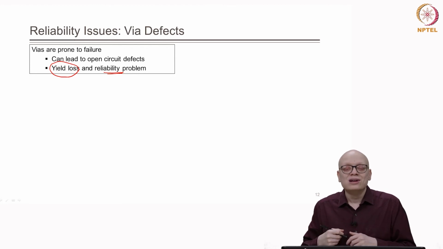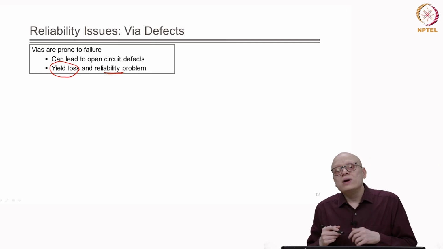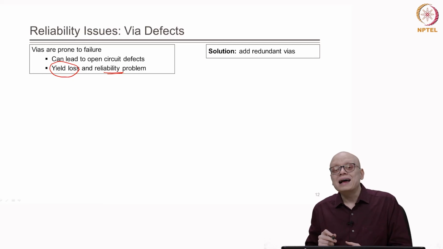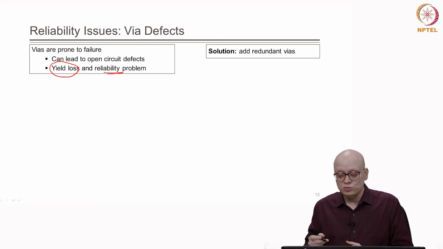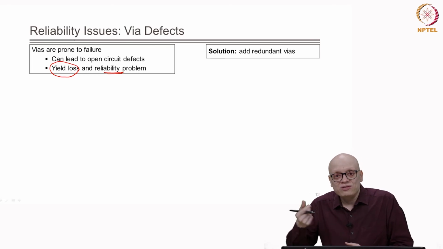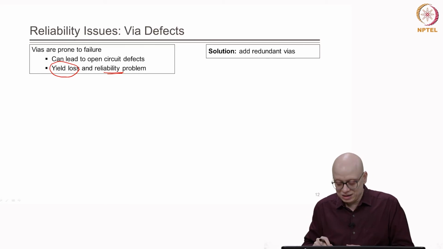That is a worse situation. So, to avoid this kind of situation, a popular method is to add redundant vias. Instead of one via, we have say 2 vias. So, even if one fails, the other will provide the connection between 2 layers.